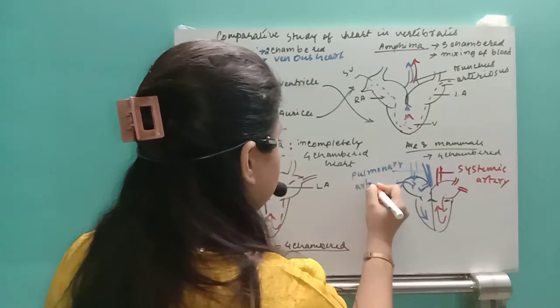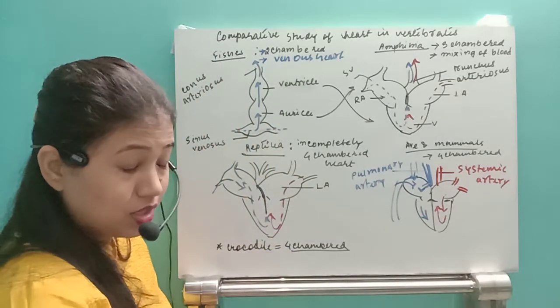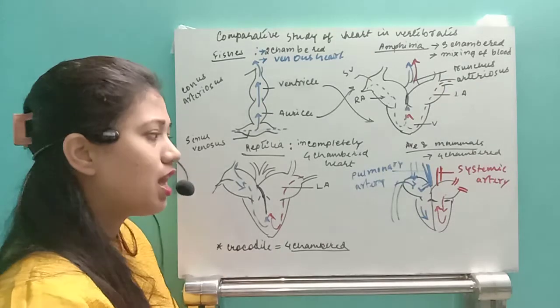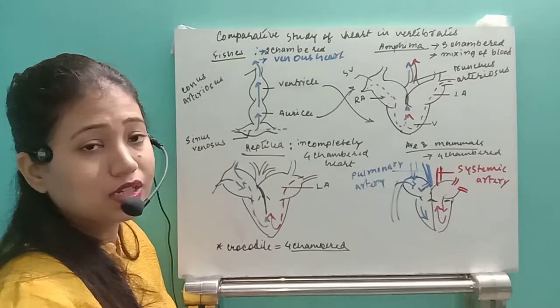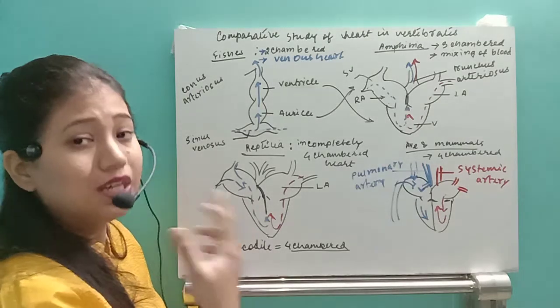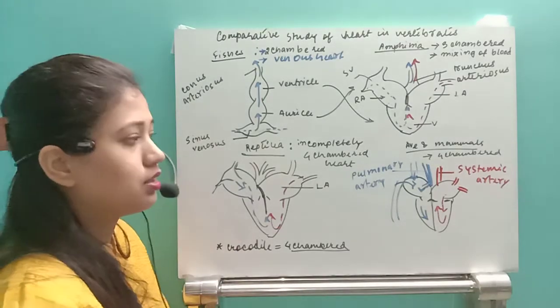So we have a completely separate systemic artery, which will pump the oxygenated blood to the different parts of the body, and the pulmonary artery, which will carry the deoxygenated blood from the heart to the lung, so that it can get oxygenated.